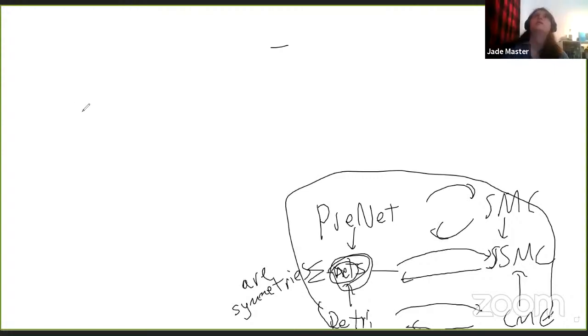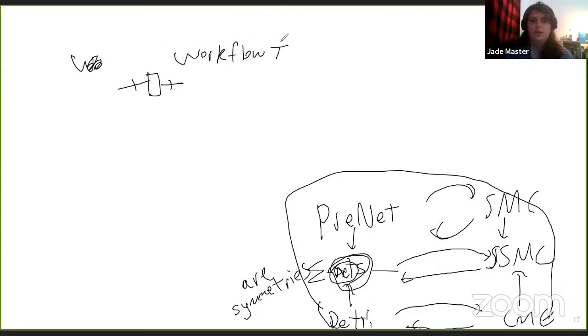Is there some subcategory where it's not lax? Is that what you're asking? Yes, and I think that's true. If your nets only flow in one direction, then they'll compose exactly. And I think those are called workflow nets.